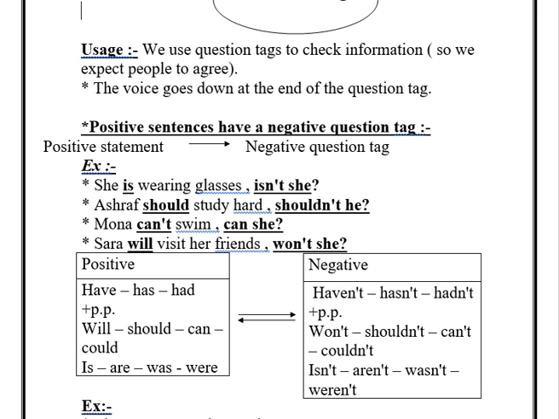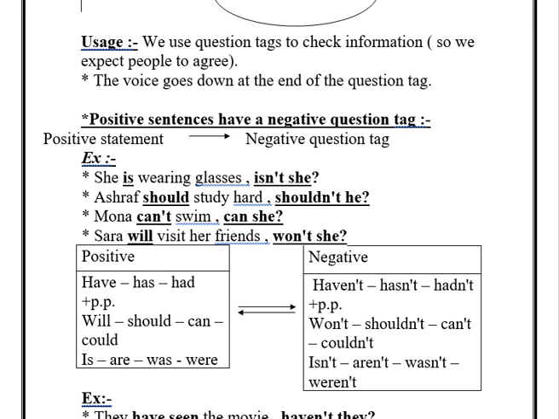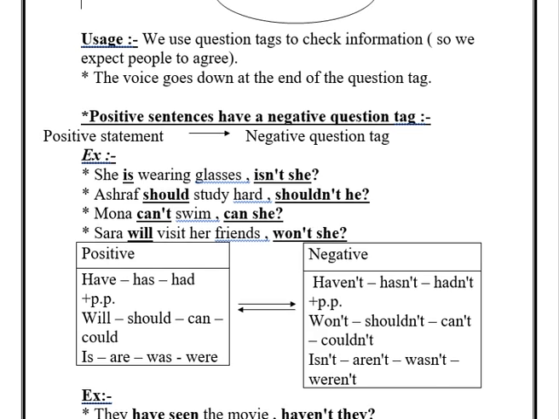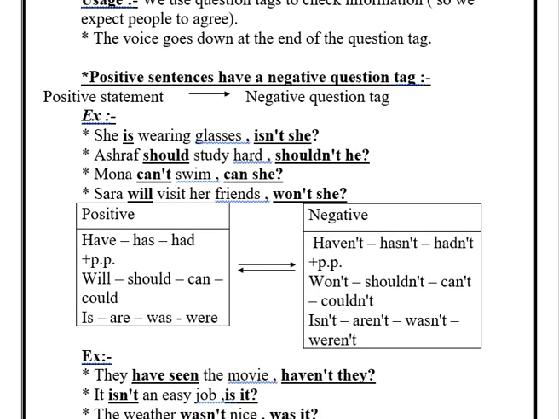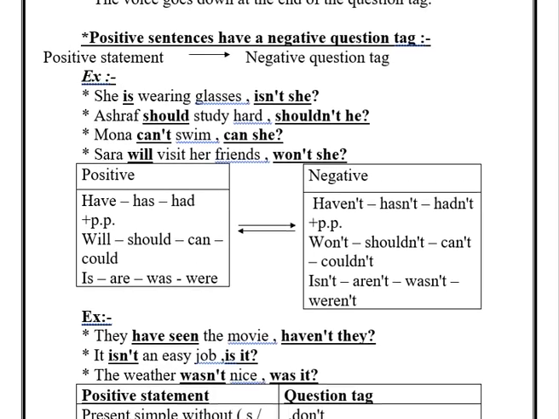But has, have or had should be followed by a past participle for us to change them to haven't, hasn't or hadn't. Like this example: They have seen the movie. Haven't they?